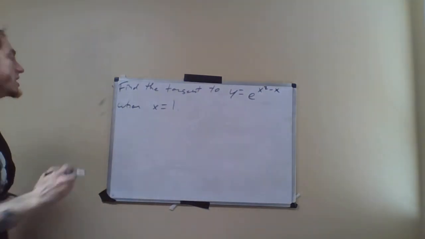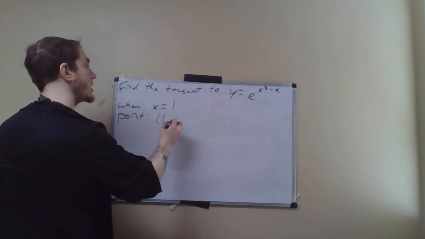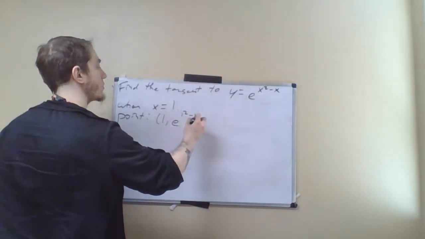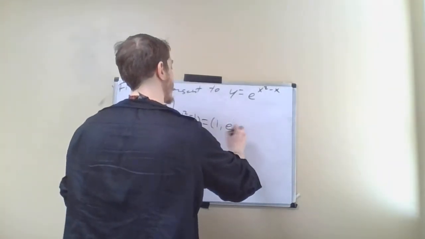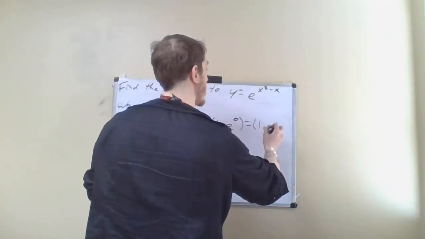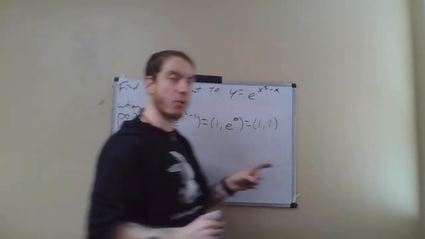Well, first of all, we need to know the point that it's going through. The point is going to be 1 comma e to the 1 squared minus 1, which is 1 comma e to the 0, or 1 comma 1. So that's the point that we're going through in this problem.